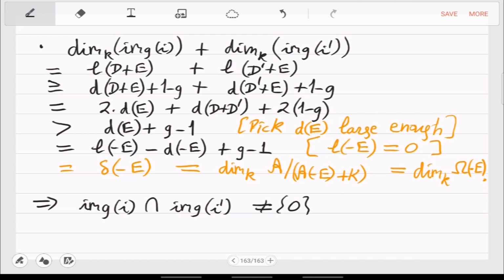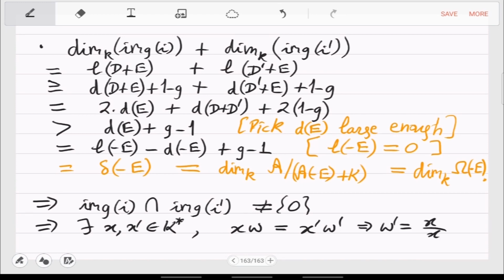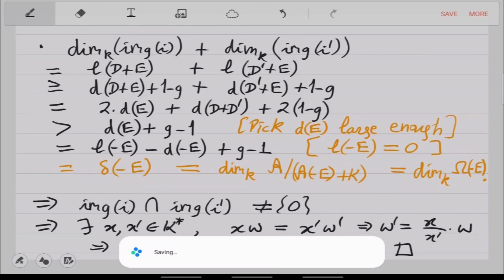So you pick, this means that there exist x, x prime such that the image of omega, image of x and image of x prime are equal, and that means nothing but that the dimension of omega over the function field is 1. Okay, so it's a cyclic vector space, rank 1.